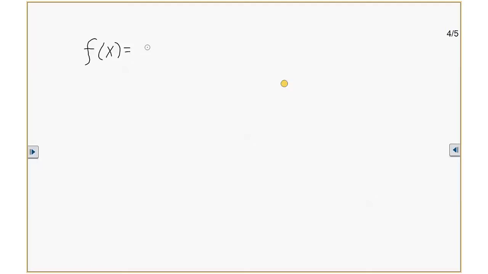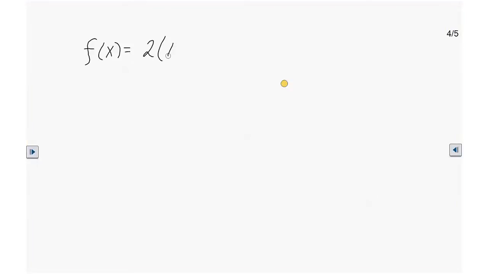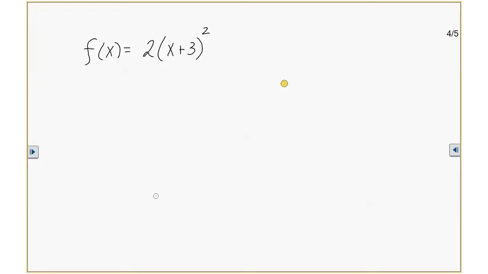F of x is equal to 2 times (x plus 3) squared. Go ahead and do that, and do it in another color. I don't know what color you have left, but you need to do it in a separate color than you used the other day. And plot your points, negative 2, negative 1, 0, 1, and 2, and plug your numbers in and see what happens.